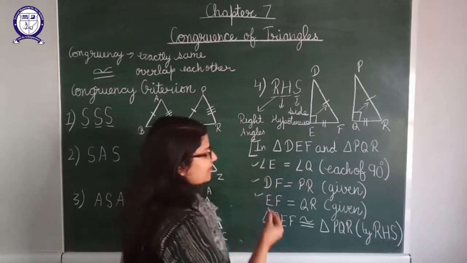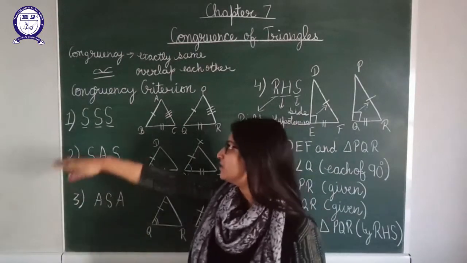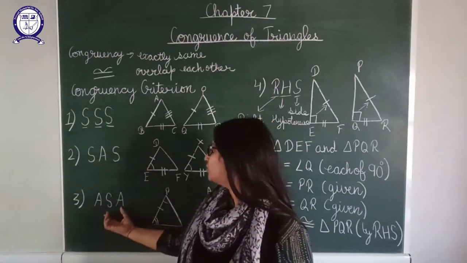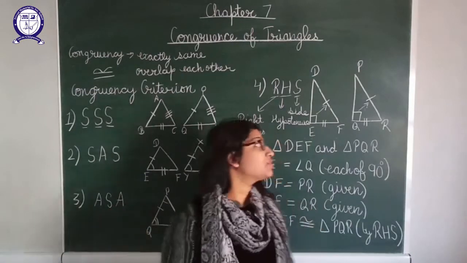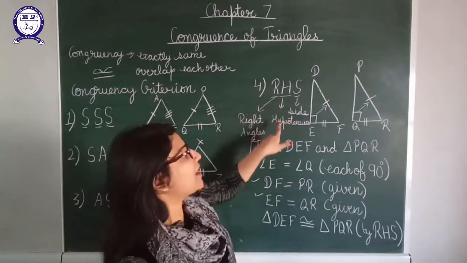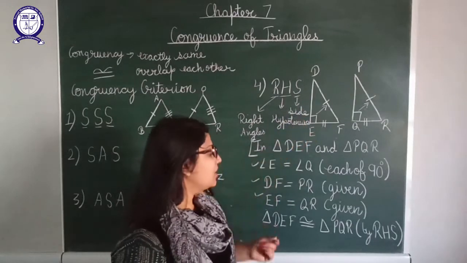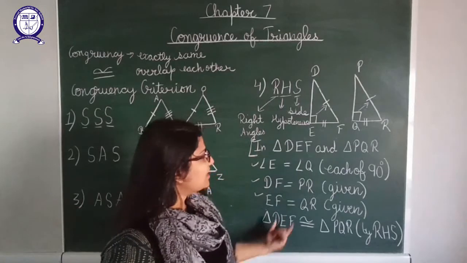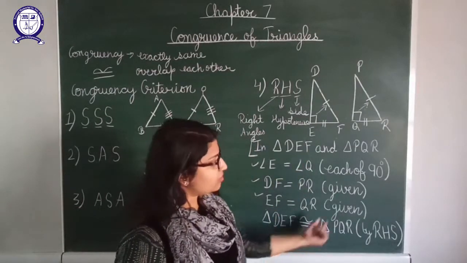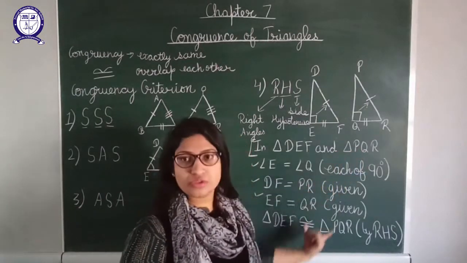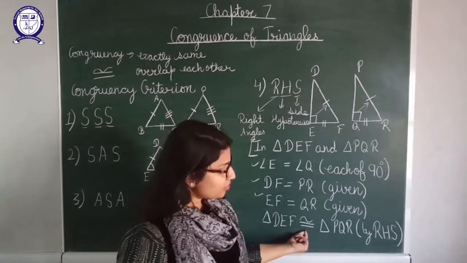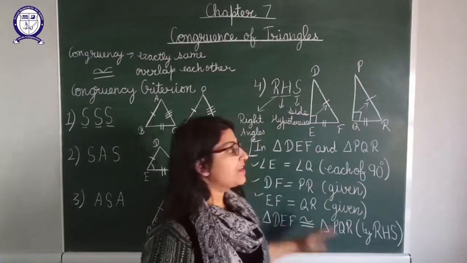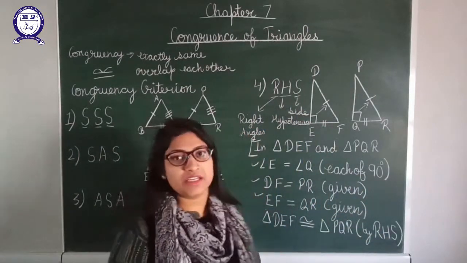As you can check, in all the criteria we need three things: either all three sides, or two sides and one angle, or two angles and one side, and the last one, RHS, means one right angle, one hypotenuse and one side. Okay, so after proving these three equal, we will write down that triangle DEF is congruent to triangle PQR, as we were talking about these two triangles. So these two triangles are congruent, and by what criteria? By RHS criteria. So like this you have to tell about all the criteria, students.